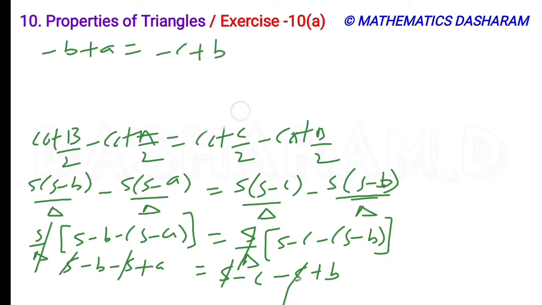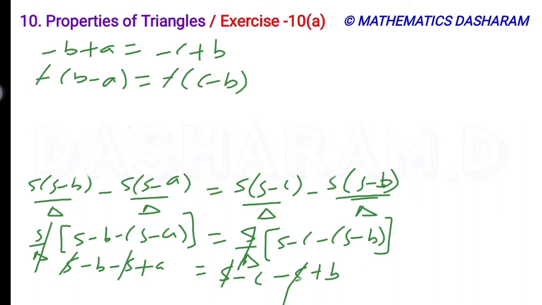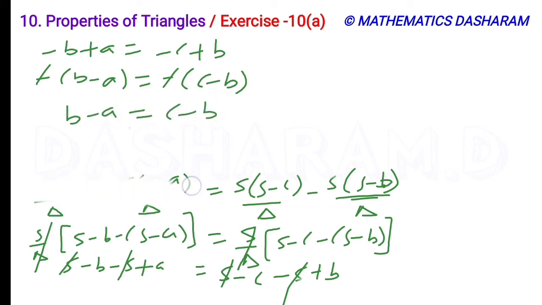So now take the minus common on both sides. So b minus a equals minus bracket of c minus b. Minus minus cancel. So then b minus a equals c minus b.